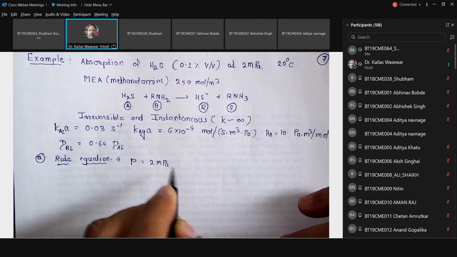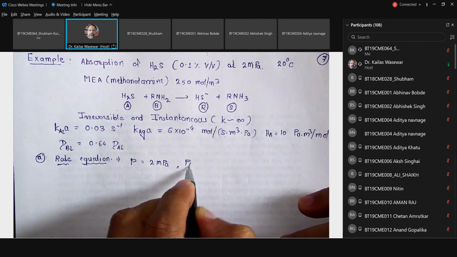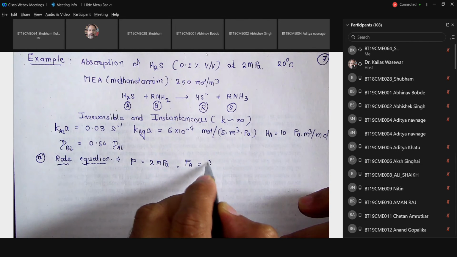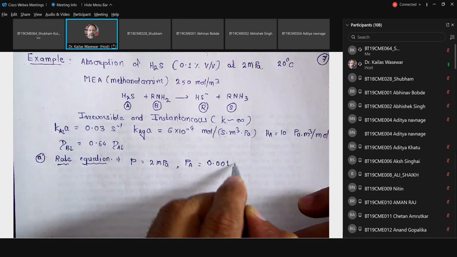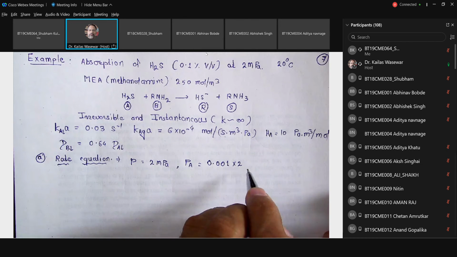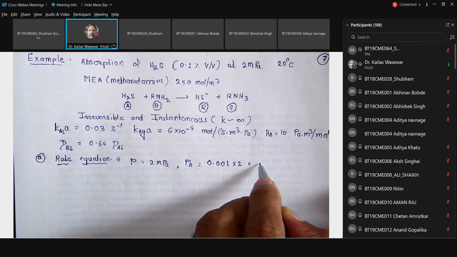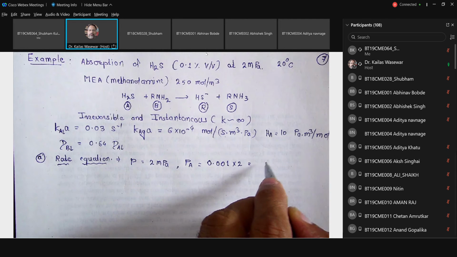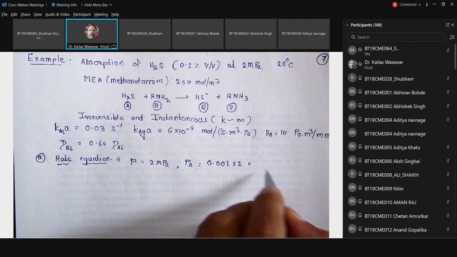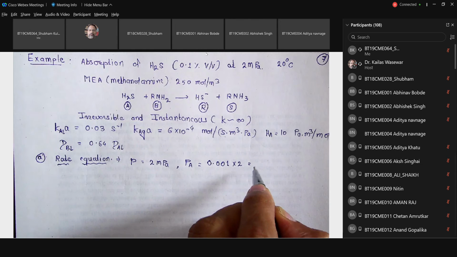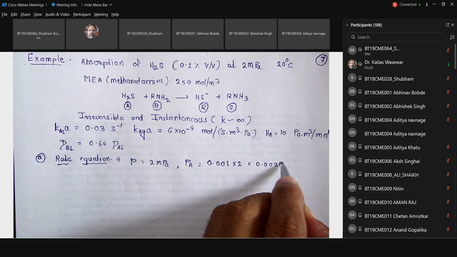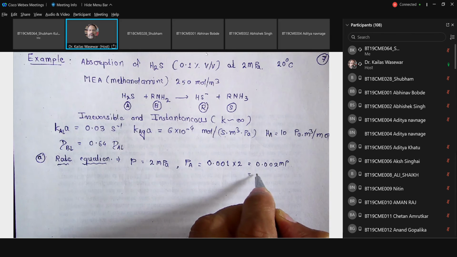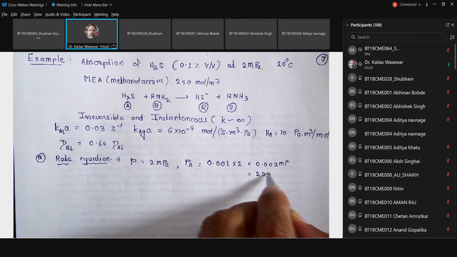So PA will be what? 0.001 into 2. Remember, it is 0.1% by volume. So it will be 0.002 megapascal, or you can write 2000 pascal.